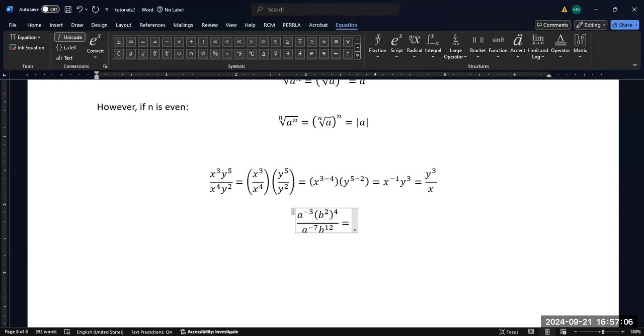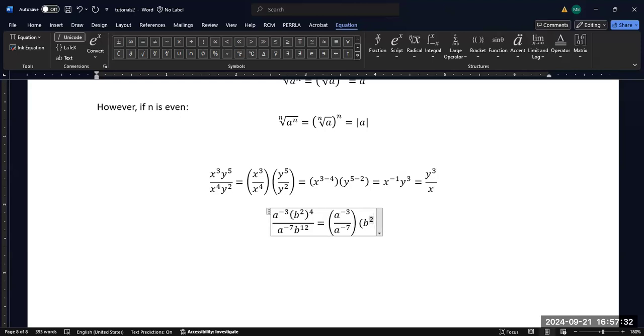You know, you could have multiple variables in addition to a's and b's. You could have a, b, c, x, y, z. But again, fundamentally, all the rules remain the same. We can separate out our a's and our b's.